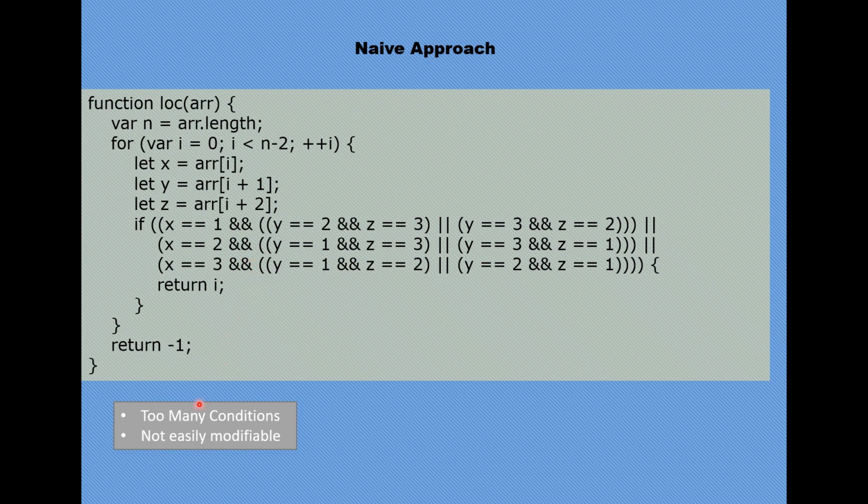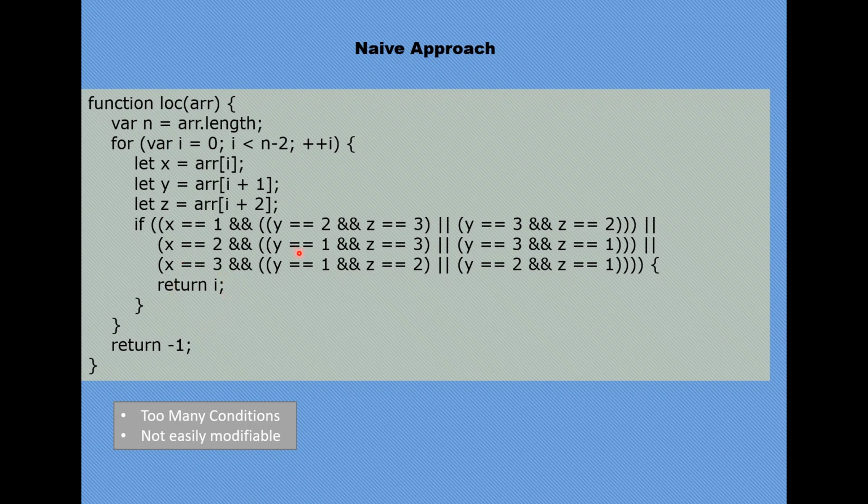And the other thing is that it's not easily modifiable. If I tell you to change 1, 2, 3 to 4, 5, 6, you will have to change by hand all the 1 to 4 or all the 2 to 5, and likewise, and there is a good chance of human error there.